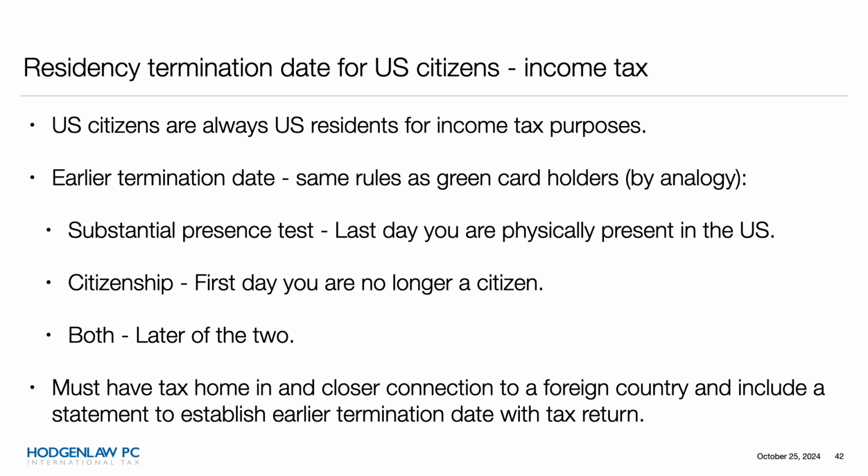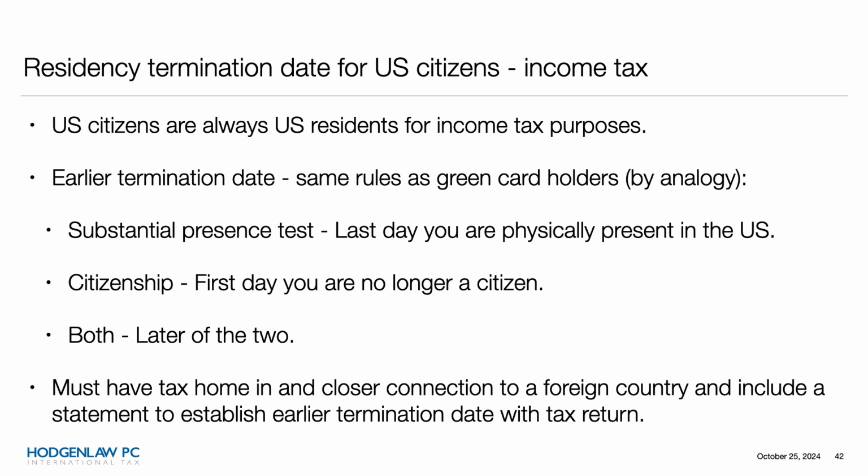So we just looked at the residency termination date for green card holders, and for US citizens, it's pretty similar. US citizens are always US residents for income tax purposes. And I think you can use an earlier termination date. The same rules apply for citizens as for green card holders by analogy.